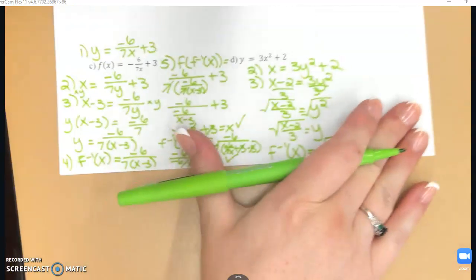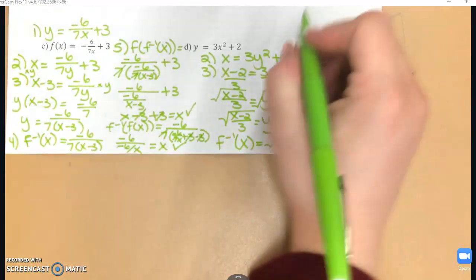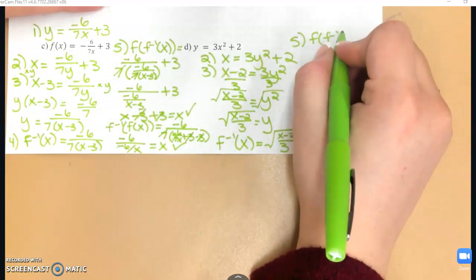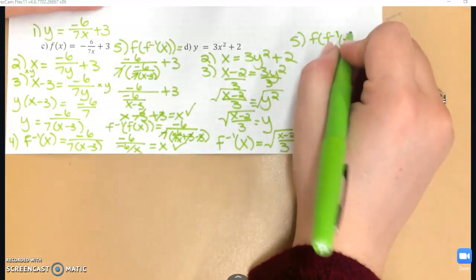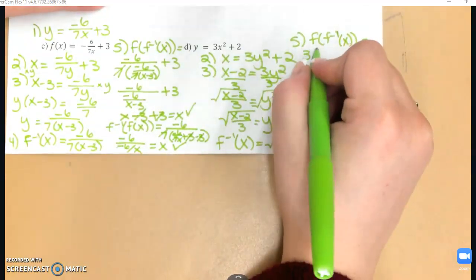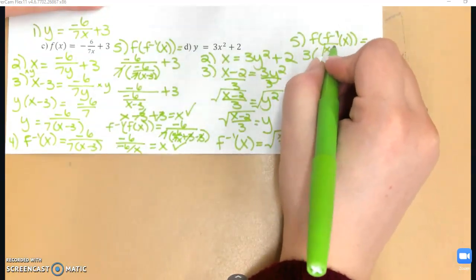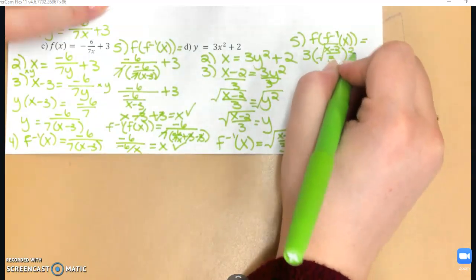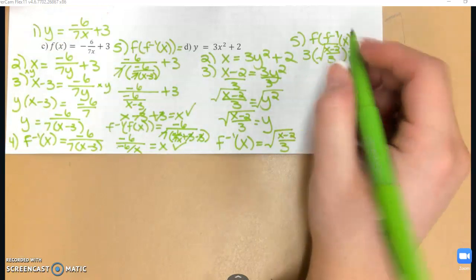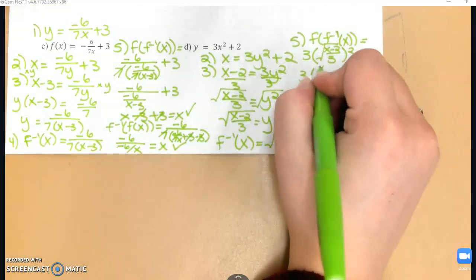Let's do some composition to verify we did this correctly. Starting by plugging my inverse into the original function. It's going to be 3 times the square root of x minus 2 over 3, squared, plus 2. The square cancels my square root.